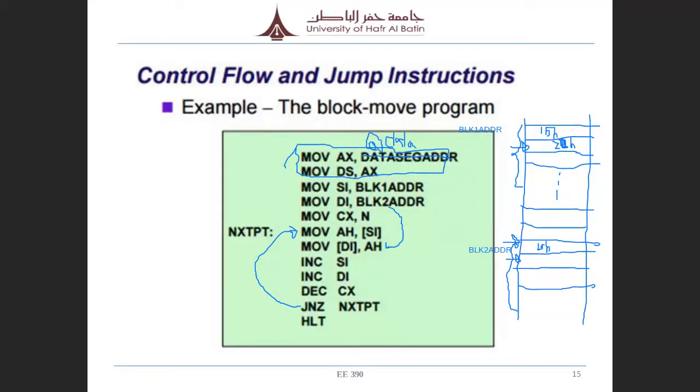Then we say move [DI] comma AH. That means 20h will come here. And it will continue until CX becomes 0. Then it comes to the next line, which is like halt, or end, or whatever it is, so it comes out of the loop.